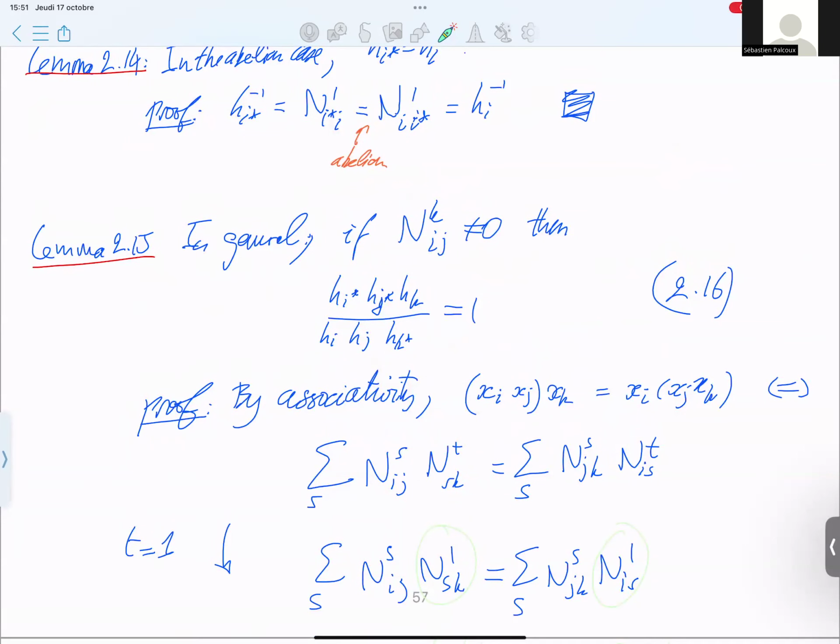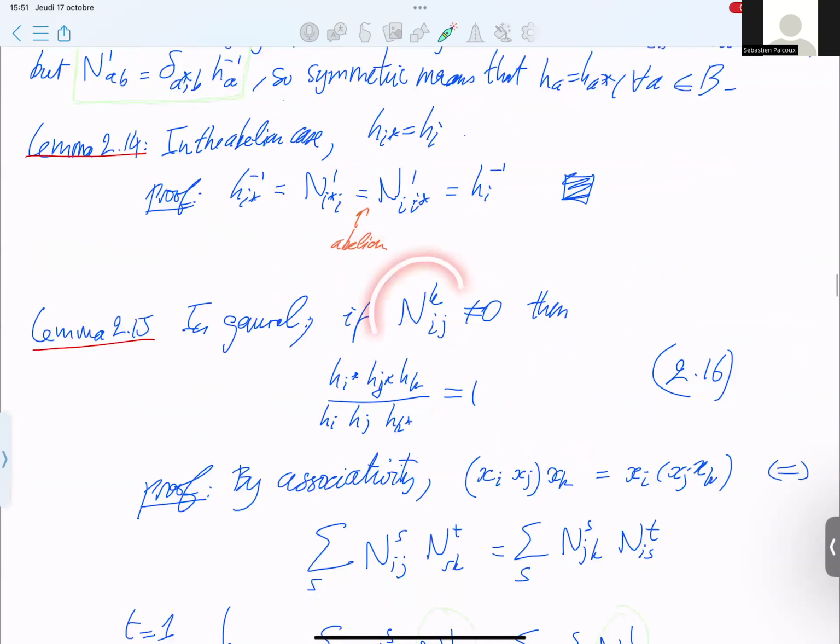Okay, so in general, you take a general hypergroup and you take some general i, j, k, and if this fusion coefficient is non-zero, then you can get this equality in terms of the h_i constant. And in fact, it is in the proposition, I never remember which number, 4.5 maybe.